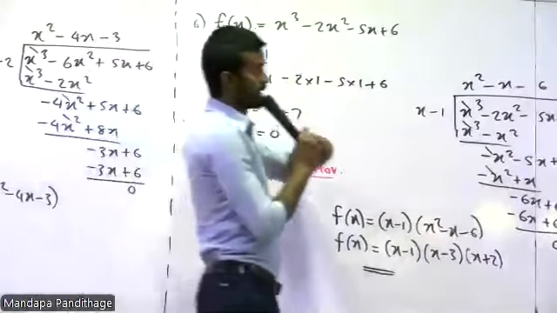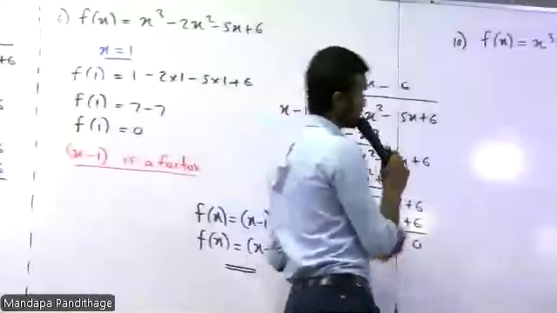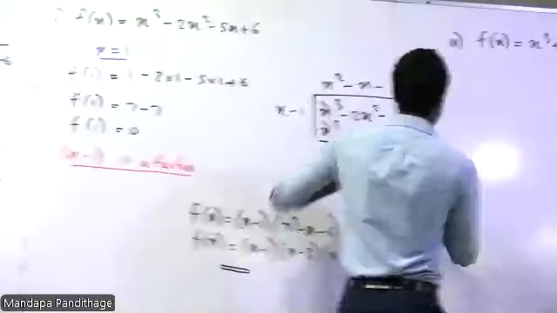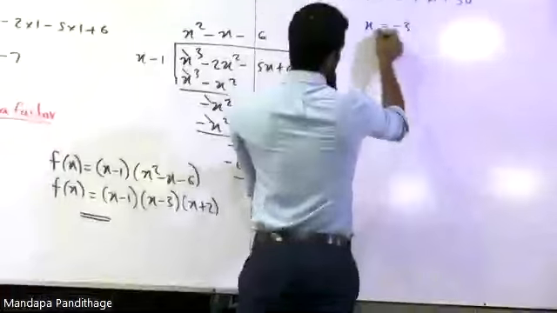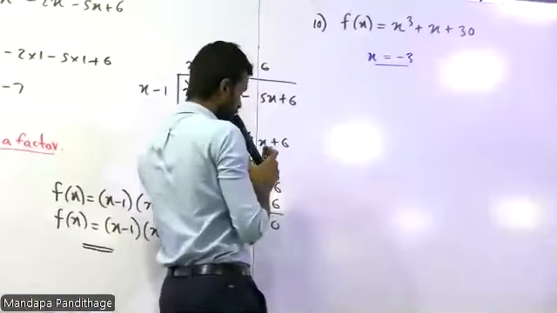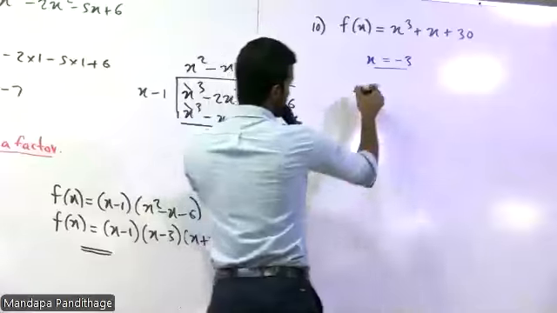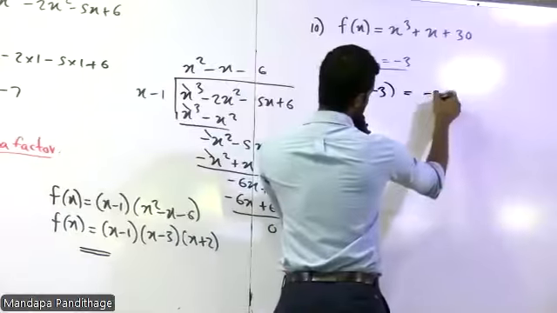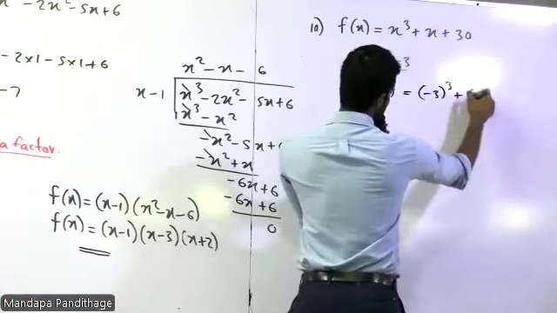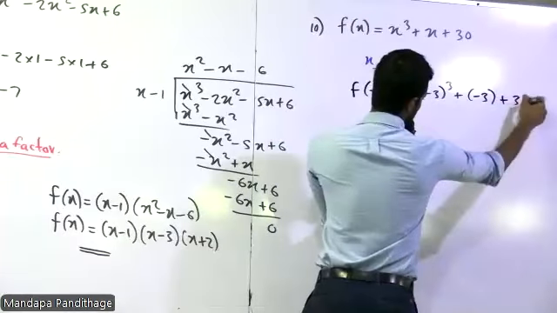Okay, last one, question number 10. So here, what can we get? It's x equals minus 3, no? Minus 3. So then f(minus 3) is minus 3 cube plus minus 3 plus 30.